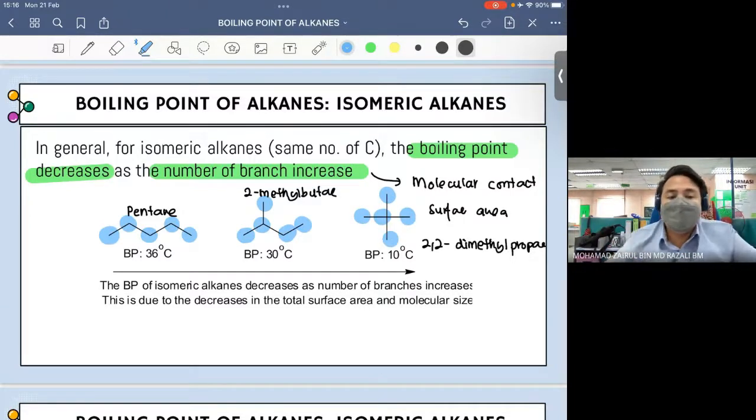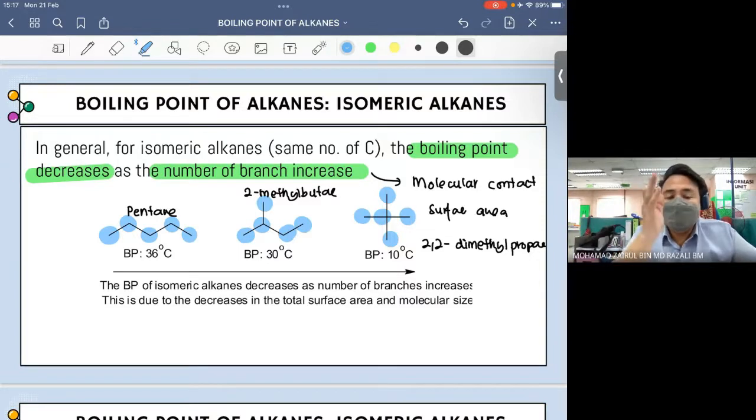So these 3 alkanes we call isomeric alkane because they have the same number of carbon. But they differ in the number of branches or structure. In 2-methylbutane, our parent chain is 4 carbon with 1 substituent. 2,2-dimethylpropane has 2 substituents. And pentane, the number of branches or substituents is equal to 0.